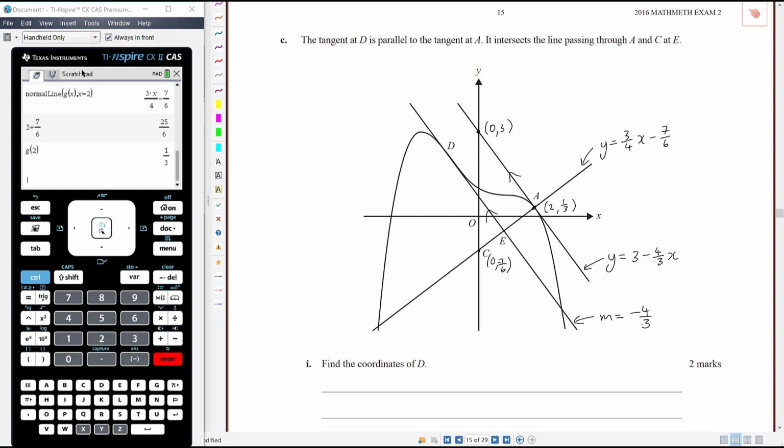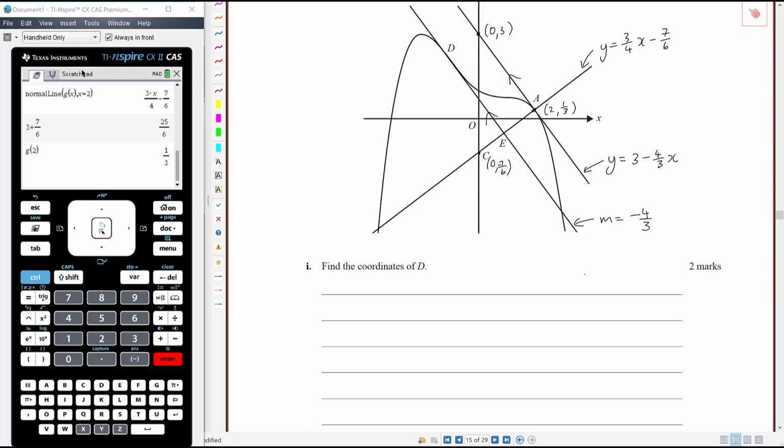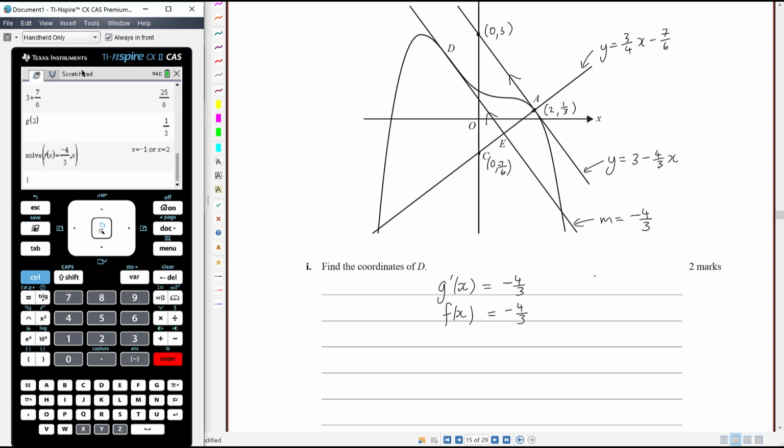So finding the coordinates of D is the point on the graph of G with a gradient of negative 4/3. So we want G dash, the derivative of G, to be equal to negative 4/3. Remember the derivative of G is F, so we want that to equal negative 4/3. We'll expect 2 to be a solution to this, but there should be another value as well.